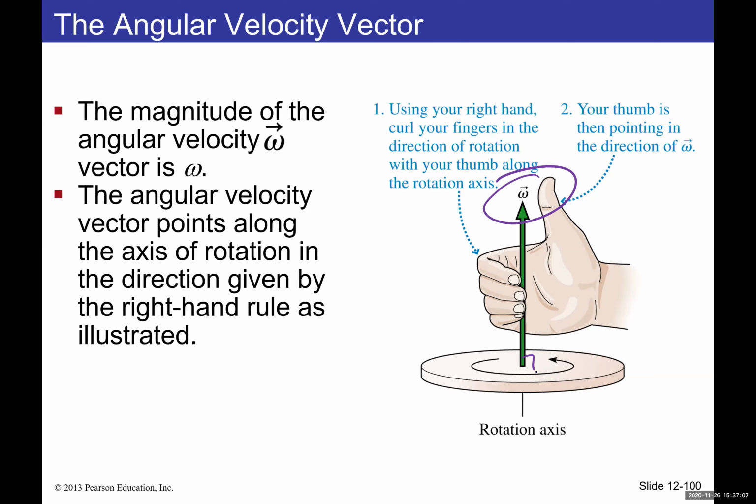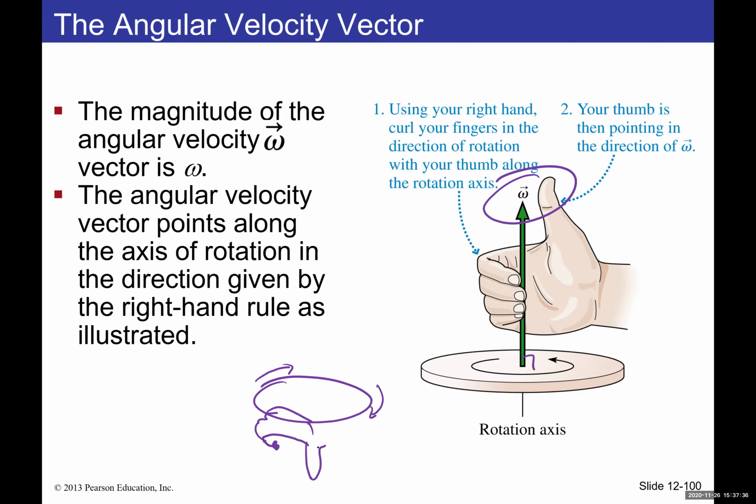So if there's a disk rotating clockwise, your thumb would be pointing down.